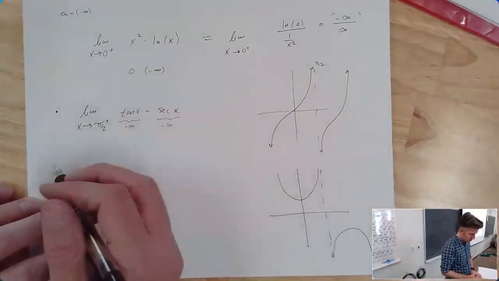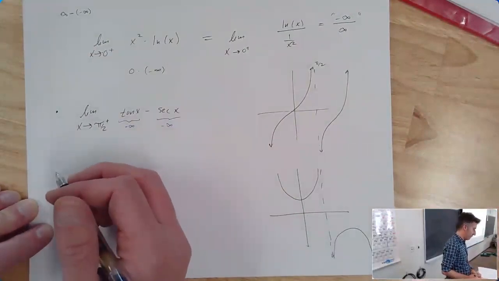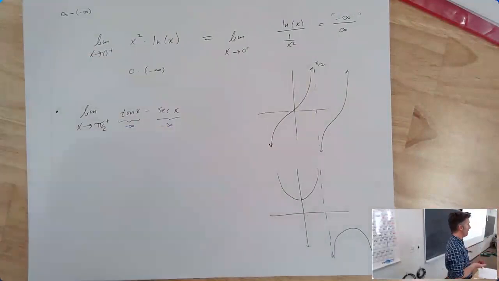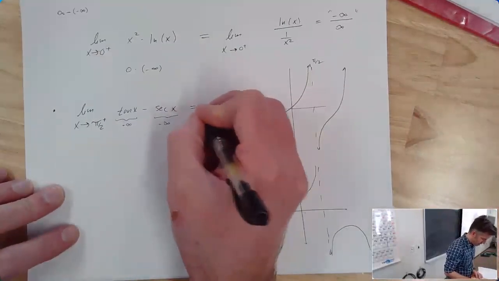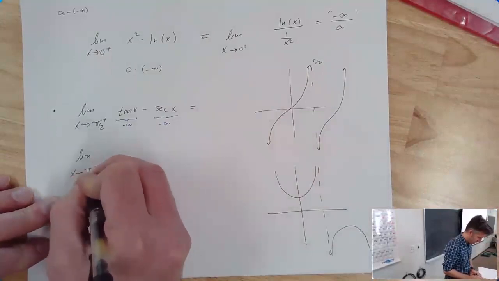But here, when you have infinity minus infinity or negative infinity minus negative infinity, we have to rewrite it as a fraction somehow. With trig functions, it's not hard. We're going to write them as sines and cosines. So here, I would rewrite this as the limit as x approaches pi over 2 from the right.